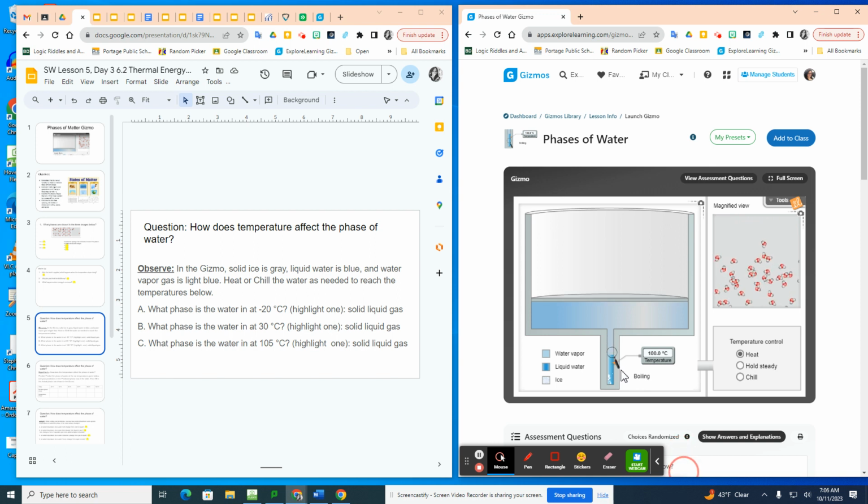So notice the water level is dropping and our water vapor is increasing. So we're just kind of switching out the phases. We're not really gaining or losing any matter in any of these phase changes. We're just kind of changing the phase that they become.